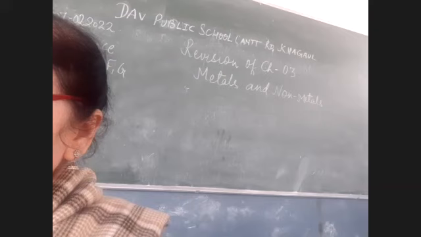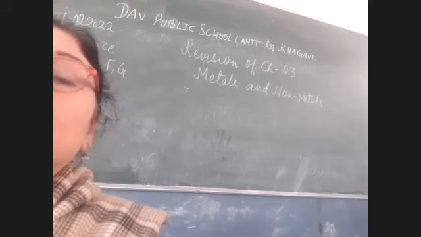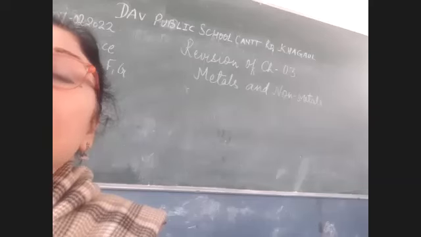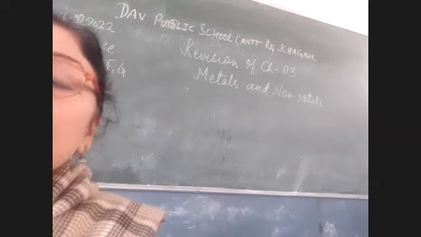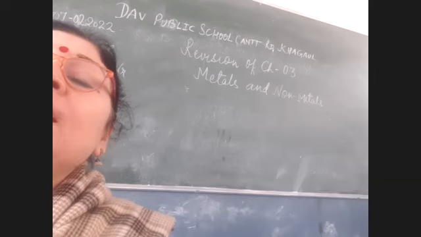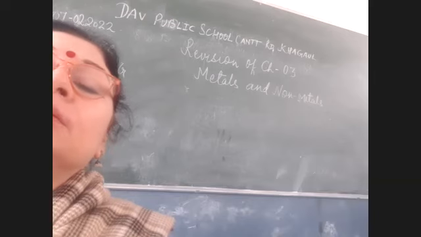Have you understood my question? Ma'am, please repeat. The question is, just describe 2 points of the physical property on the basis of which we can distinguish between a metal and a non-metal. Anupriya.